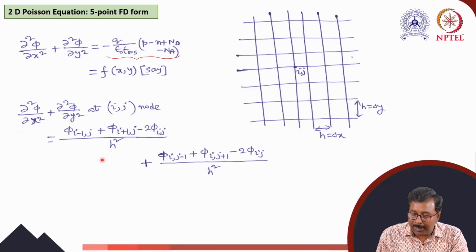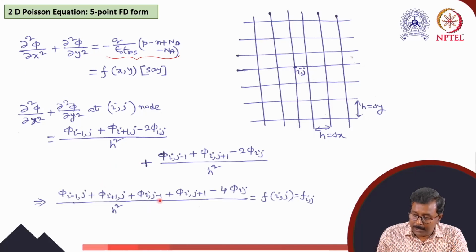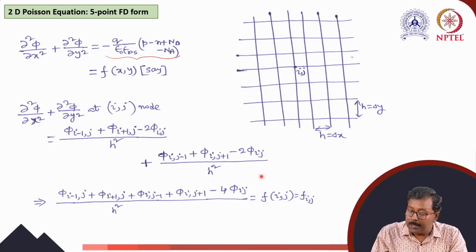If we combine them, ultimately it is phi i minus 1 j plus phi i plus 1 j plus phi i j minus 1 plus phi i j plus 1 minus 4 phi ij, divided by h square. So the double derivative means this node value plus this node value plus this node value plus this node value minus 4 times this node value, divided by h square, that will be equal to the right hand side, which is Fij.